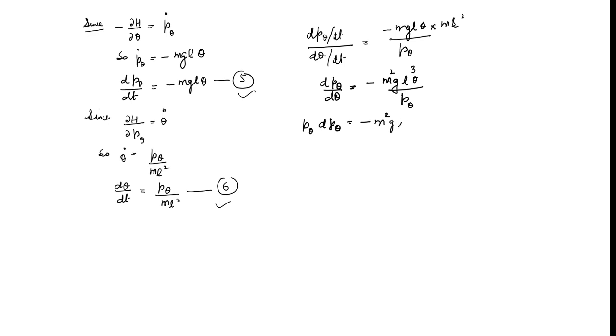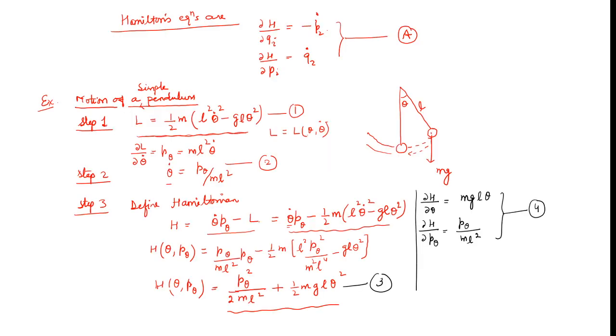p theta dp theta is equal to minus m square g l cube theta d theta. Integrate and get p theta square by 2 equals minus m square g l cube theta square by 2 plus some constant of integration, which may be found with the help of initial conditions. You again know that p theta was written in terms of theta dot.